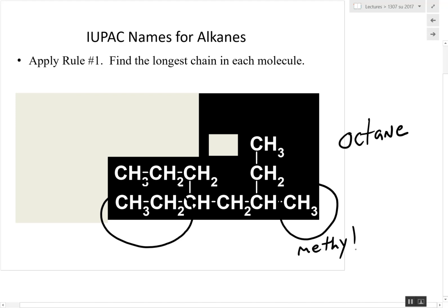That is a methyl substituent. What substituent is this? How many carbons are in that substituent? So take ethane, and what would be the name? Ethyl. That's an ethyl substituent.